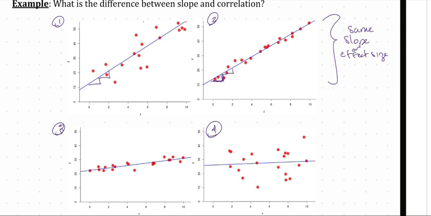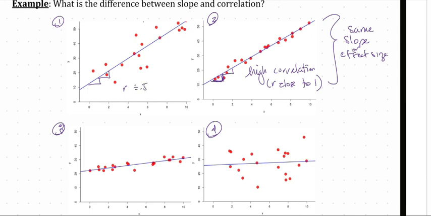But we like plot 2 better than 1 because there's less variability in the data around that line. And that means that plot 2 has a high correlation. Our correlation here, R, is close to 1. In plot 1, the correlation is around 0.5.